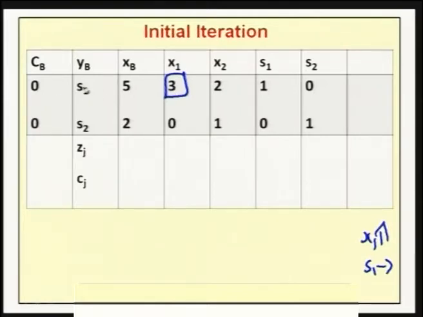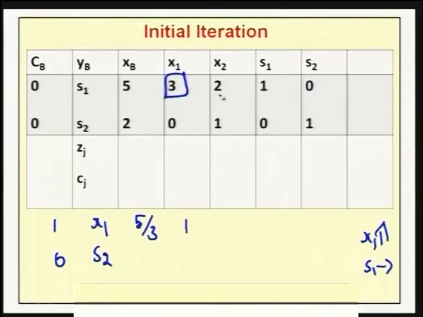Therefore, in the next table, in the place of s1, we have x1 and s2 as it is. The cost of x1 is 1 and the cost of s2 is 0. Now, our R1 dash row becomes the entire row divided by 3. Therefore, the corresponding xb for x1 is 5 by 3.